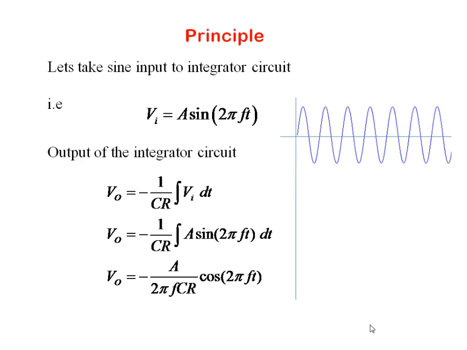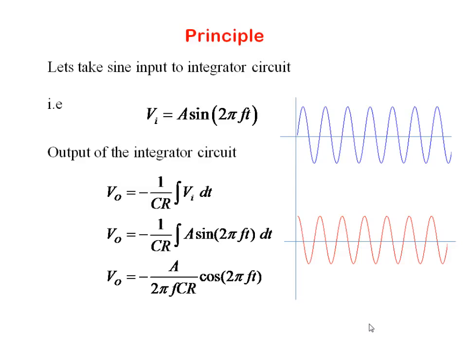So if we use the value of Vi, then the Vo comes out to be minus A upon 2 pi fCR cos of 2 pi ft. So when sine input is given to the integrator, the output will be the cosine signal with amplitude inversely proportional to the frequency of the input signal, the feedback capacitor and input resistor.